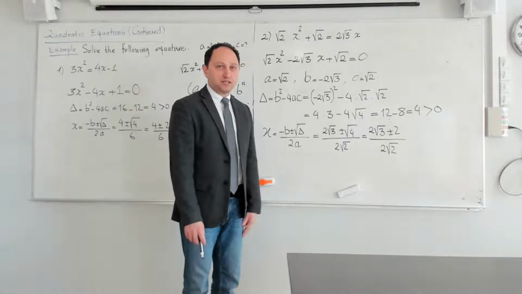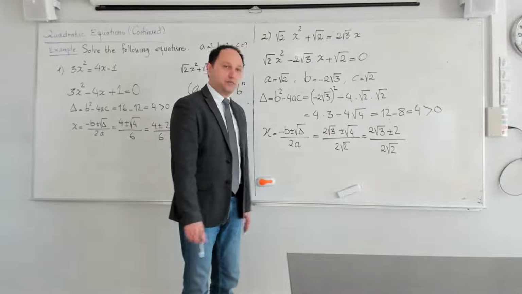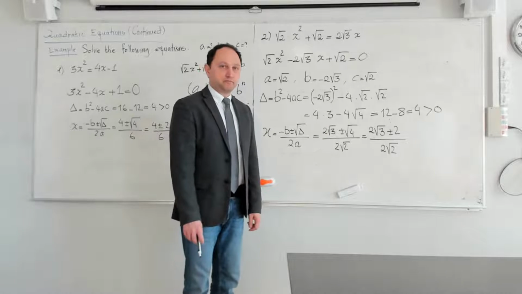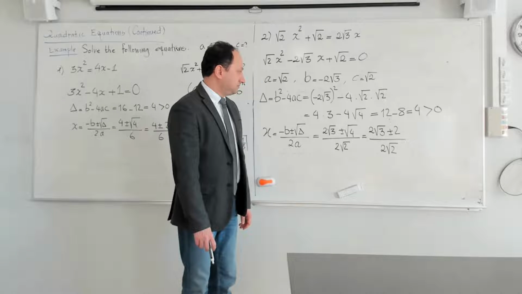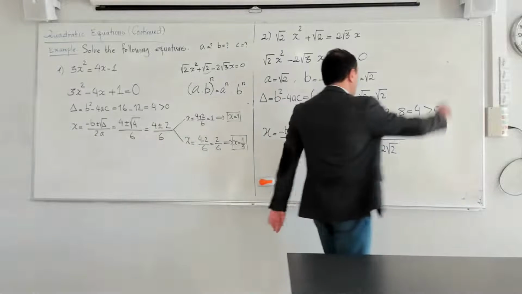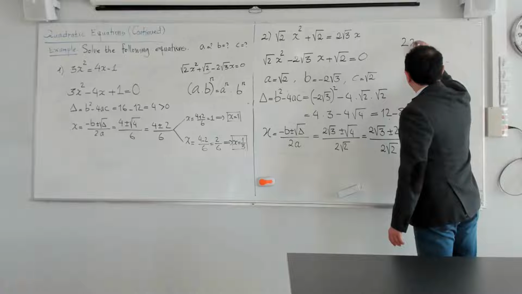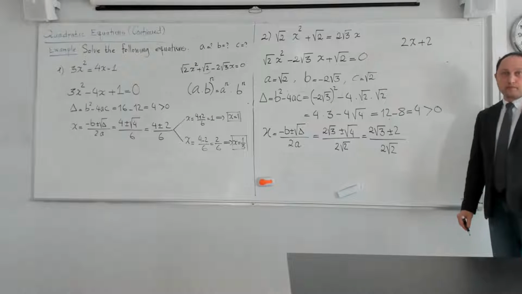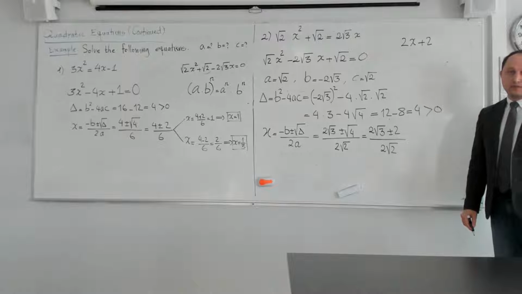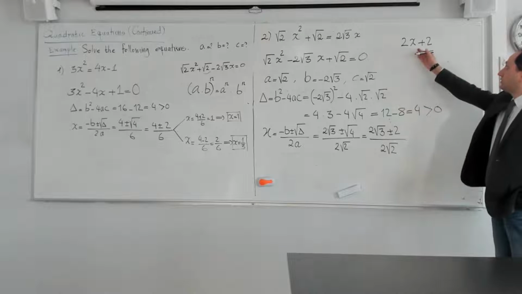Of course, with X and Y and letters, but here we have numbers. If I give you 2x plus 2, can you factorize it? Can you factorize it for me?